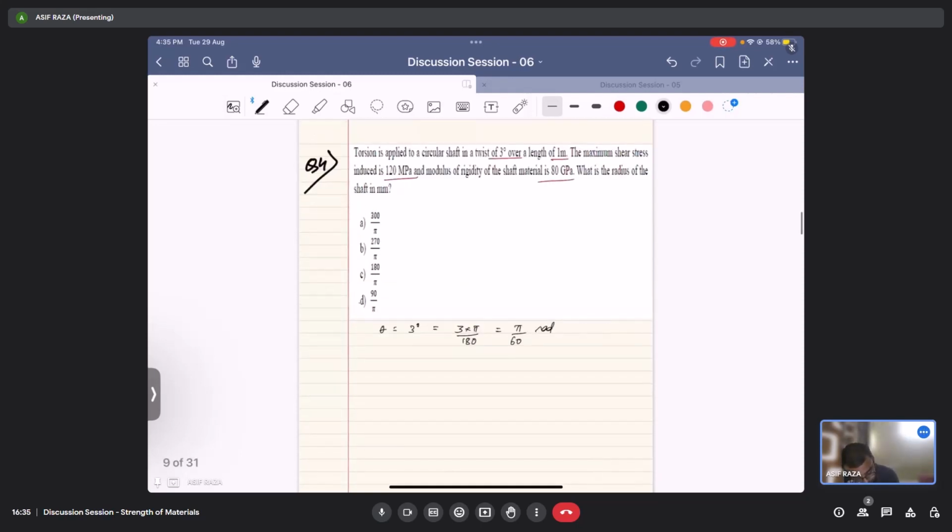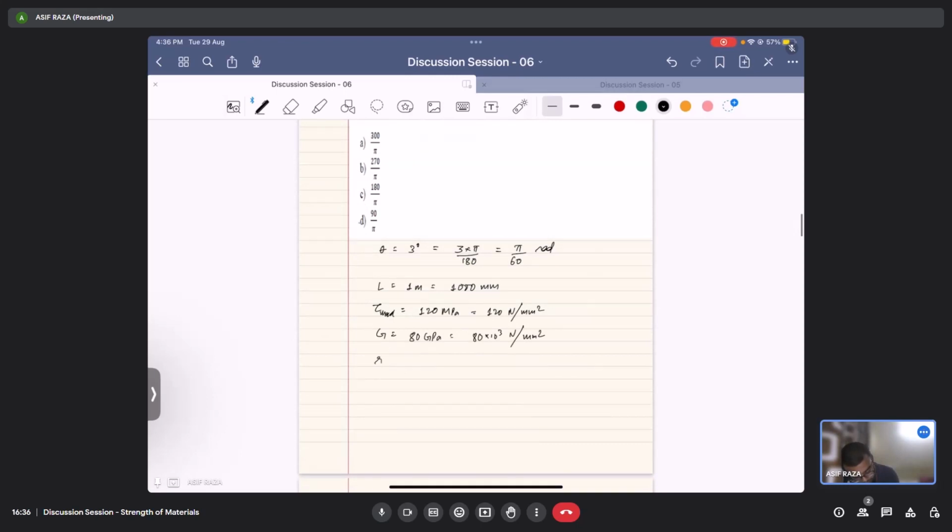Now length is 1 meter, that is 1000 mm. Maximum shear stress tau max is 120 megapascal, 120 Newton per mm square, then modulus of rigidity G is 80 gigapascal, that is 80 into 10 to the power 3 Newton per mm square. You need to find the radius.